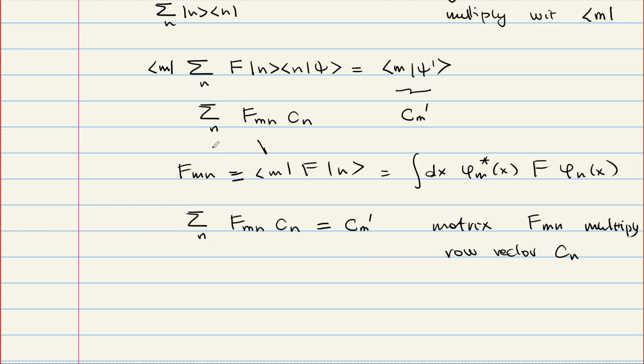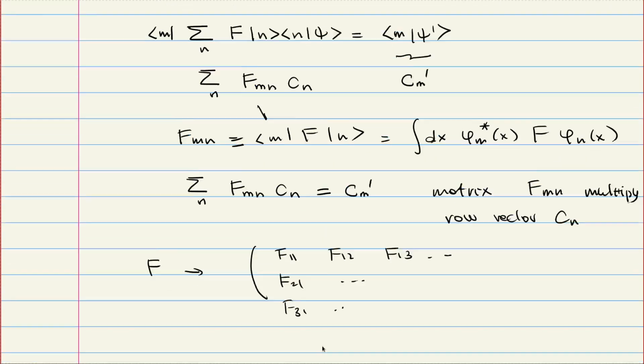They are different. In general, you have a matrix, and in this case F is represented by F11, F12, F13, and so on, then F21, then F31, and so on.